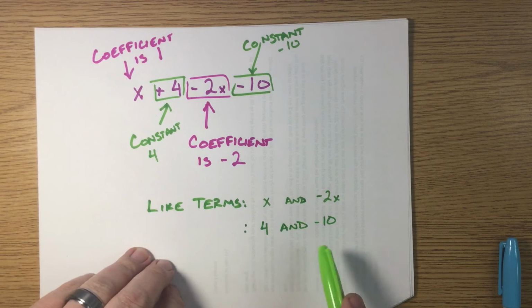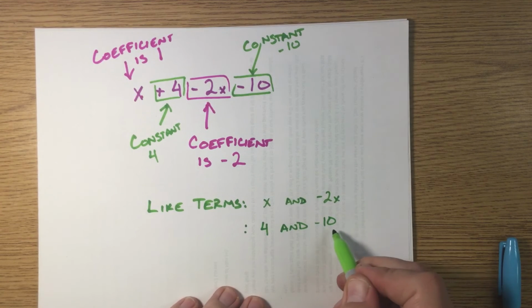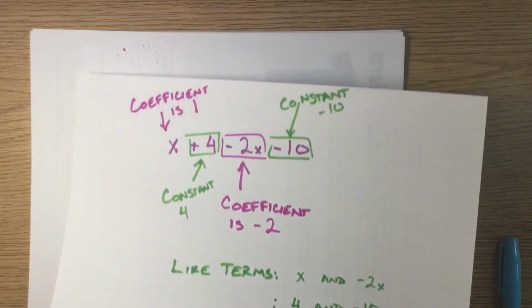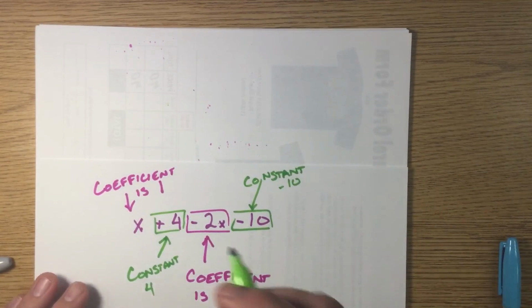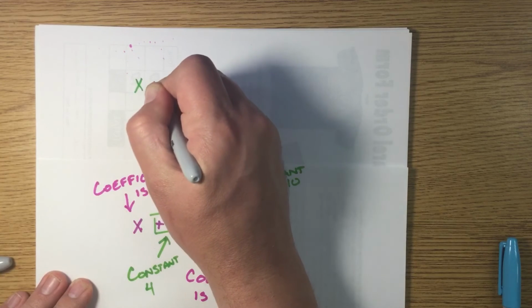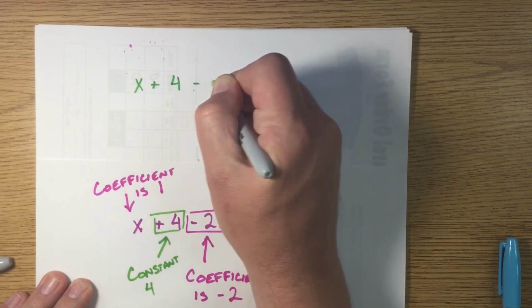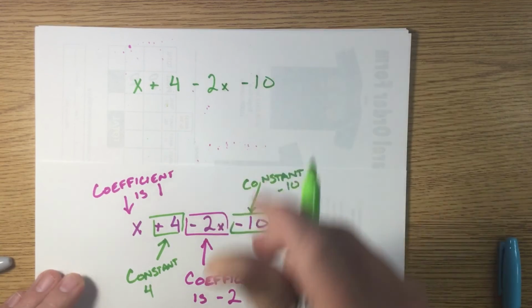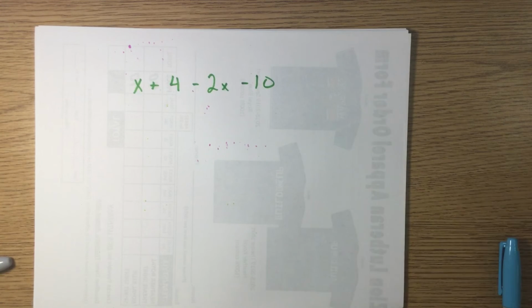So let's take a look at that 4 and -10 being like terms and see how that will play into simplifying this expression. If I have x plus 4, I'm going to copy this expression down one more time. Now, your book does not ask you to do this. I'm doing this just for fun.